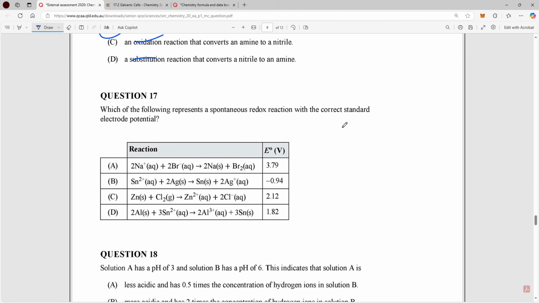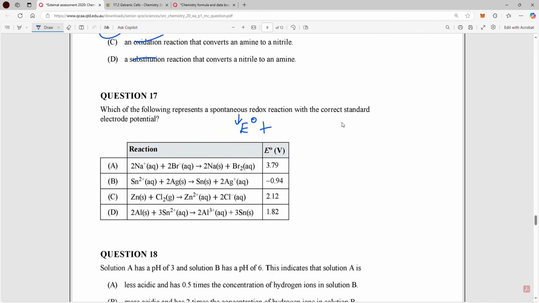Okay. Alrighty. So, which of the following represents a spontaneous redox reaction with the correct standard electric potential? Now, this one here is actually quite hard because it takes more than a couple minutes to work out. So, what does spontaneous mean in this case? Well, spontaneous means the largest E naught that's positive.